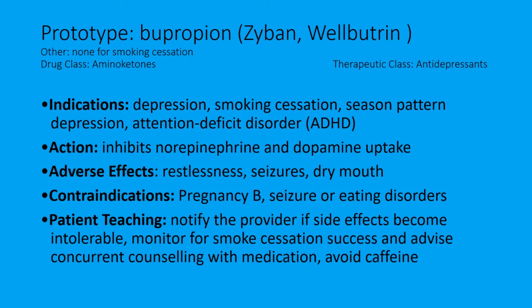So let's look at the adverse effects of taking bupropion, whether it's for depression or whether it's for smoking cessation. So it's an activating drug, meaning it can lead to restlessness, insomnia, potentially seizures if you have a seizure disorder, tachycardia, nervousness, lack of appetite, hypertension.